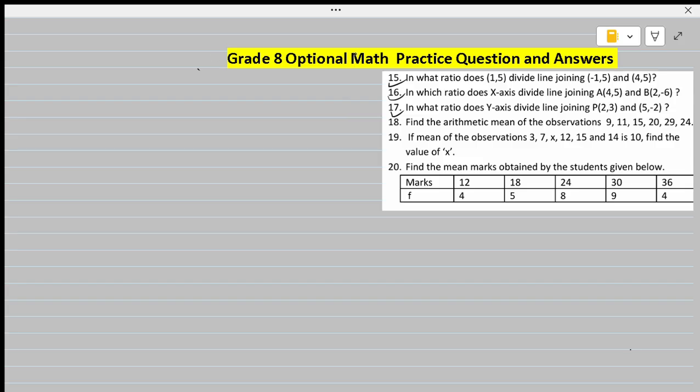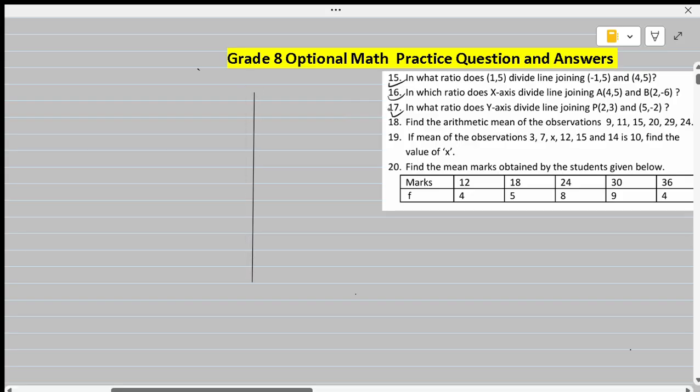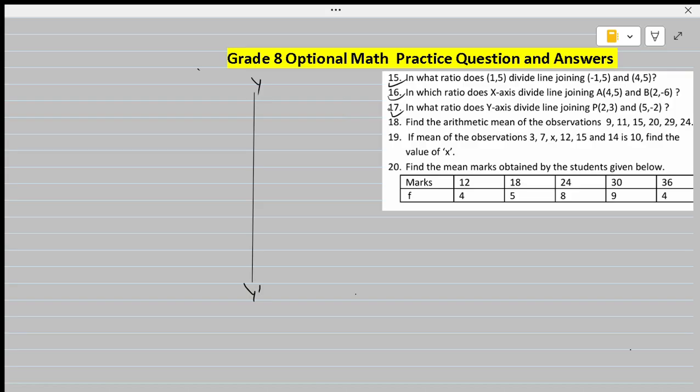For this, let's draw the y-axis, one vertical line, y and y dash, and the points (2, 3) and (5, -2). Both points lie on the same side, so it's going to get divided externally, alright?